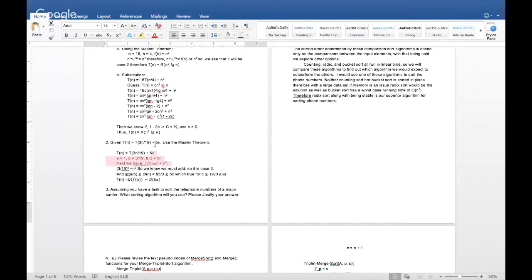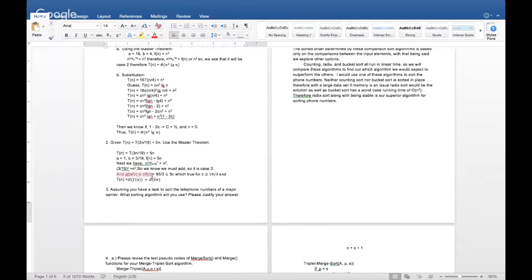So up here, we see that we have f(n) as n to the first power, so we know that this is case 3, for which we will need to add an epsilon.